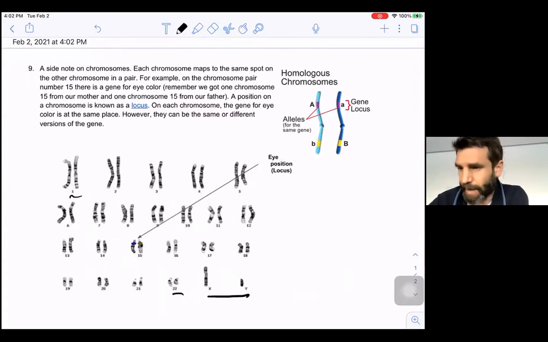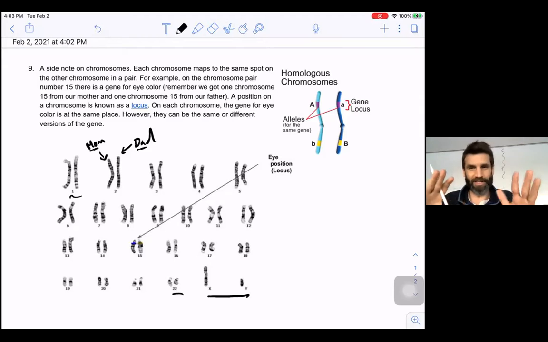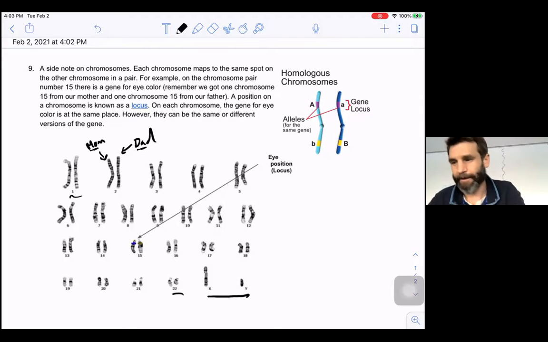And what we had talked about is that in the pairs of chromosomes that we have in every single one of our cells, one of those chromosomes came from mom and one came from dad. I'm just saying randomly, I don't know. There's nothing to indicate to me that this came from the mother or this one came from the father. I'm just using that to indicate that one chromosome came from mom, one came from dad.